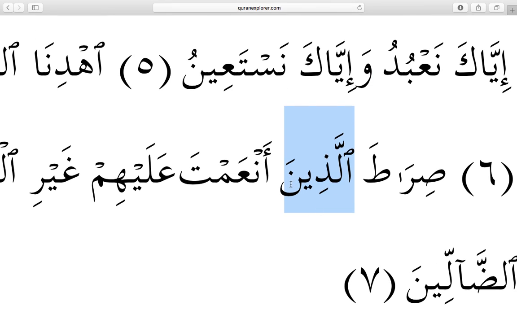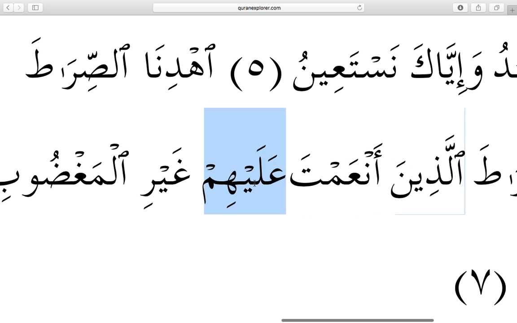This word is الذين. The letters are alif, lam, zal, ya, noon. This word is أنعمت. The letters are hamza, noon, ain, mim, ta. This word is عليهم.